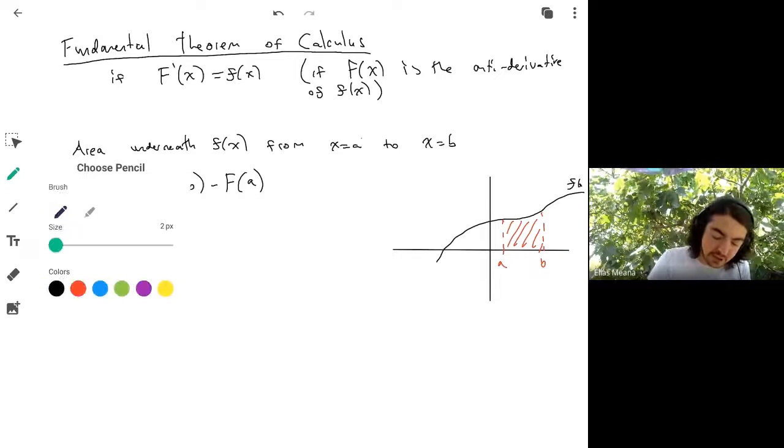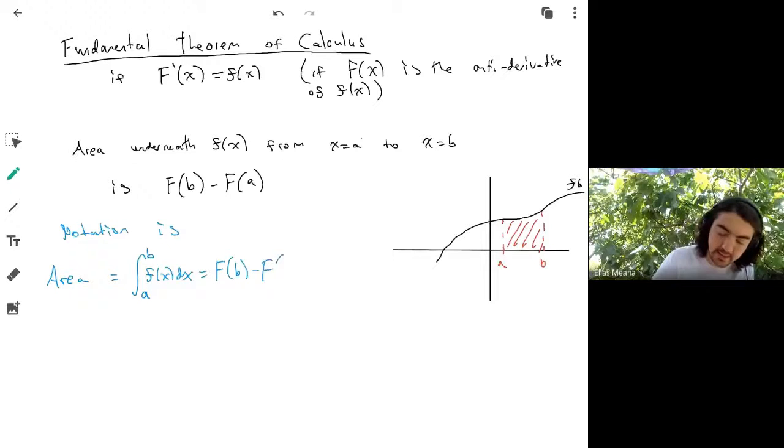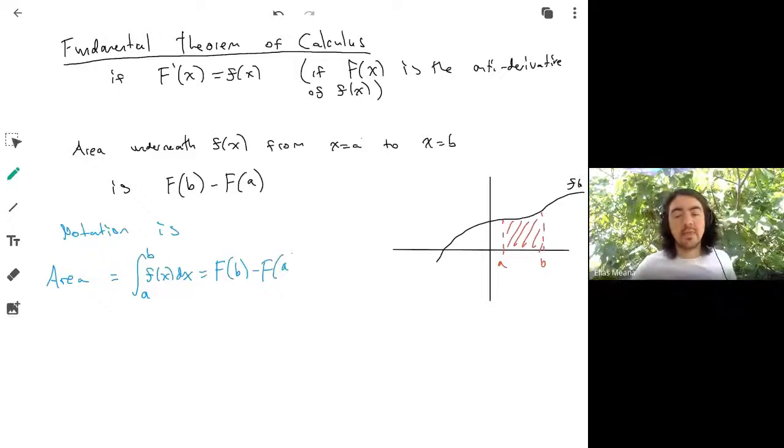And the notation for this is that the area is given by the integral from a to b of little f of x dx, and it's equal to big F of b minus big F of a. This thing that I just wrote in blue is the mathematical statement of the fundamental theorem of calculus.